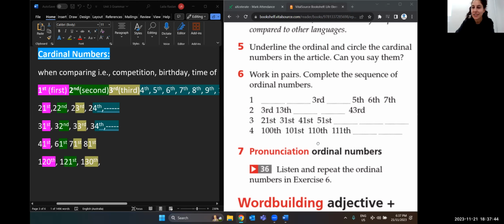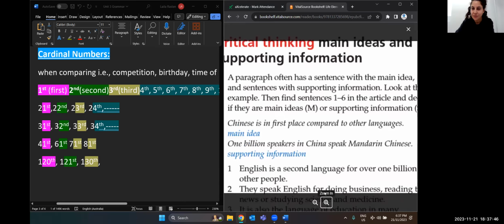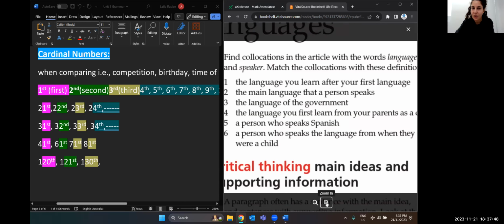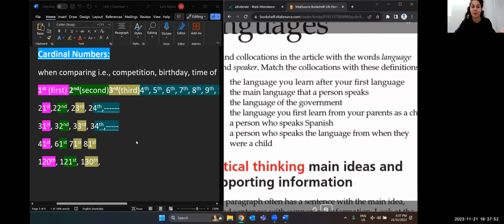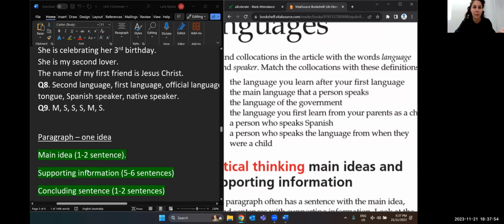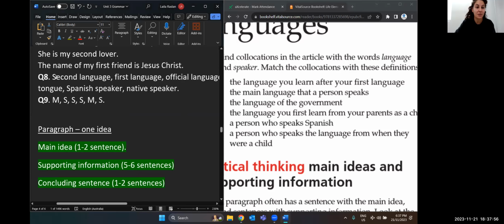Okay, so let's look at these sentences. The language you learn after your first language, what is that called? Your second language. So if your first language is Spanish or Portuguese, the second one that you learn is called your second language.